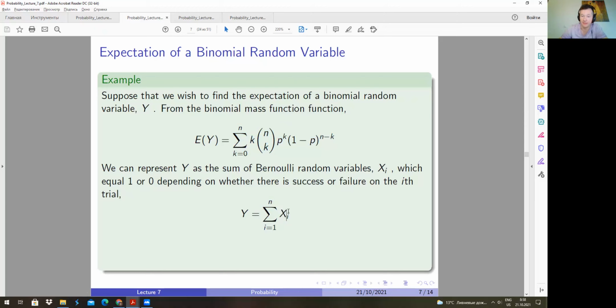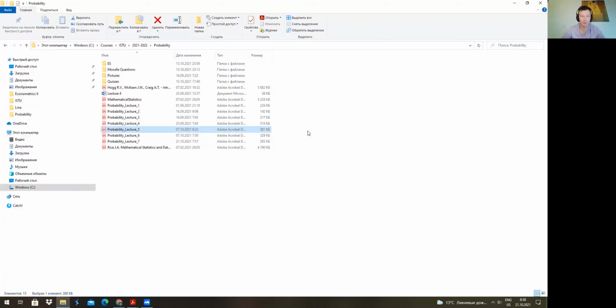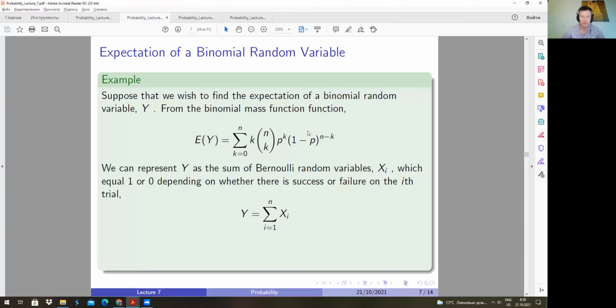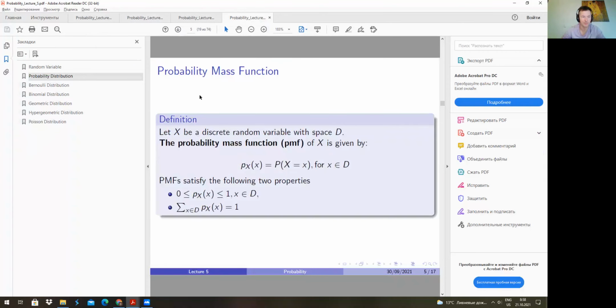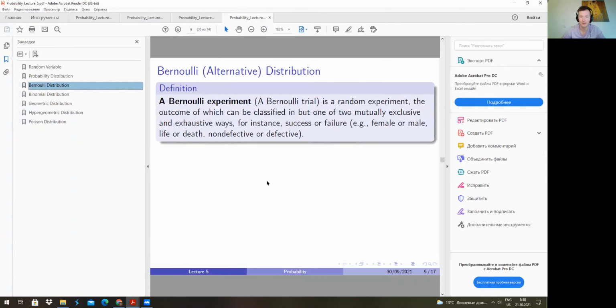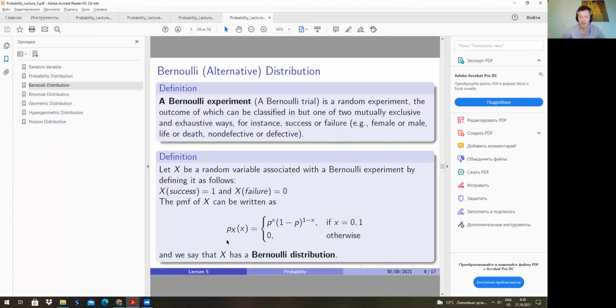And I know that the expected value of X is what? Let me show you from the previous material, in lecture number 5. I know that the expectation of a Bernoulli random variable is just p.